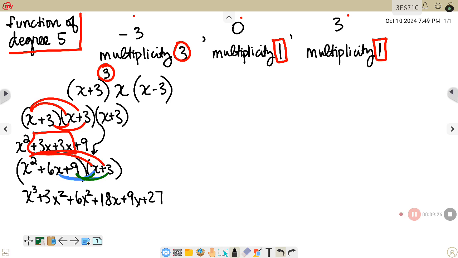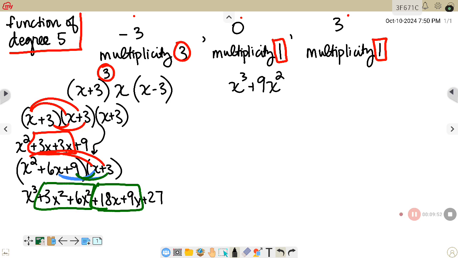So now I need to clean this up a little bit because I have like terms. I can put those squares together, and I can also put these x's together. So I just have 1x cubed. My x squareds, when I put those together, I've got 3 and 6, so that gives me 9x squared.